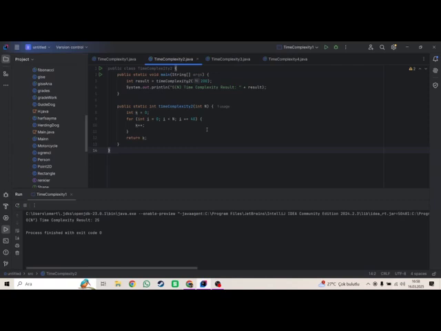This loop runs from 0 to n power of 2, performing a simple operation in each iteration. Since the loop iterates n squared times, the overall time complexity is O(n squared).